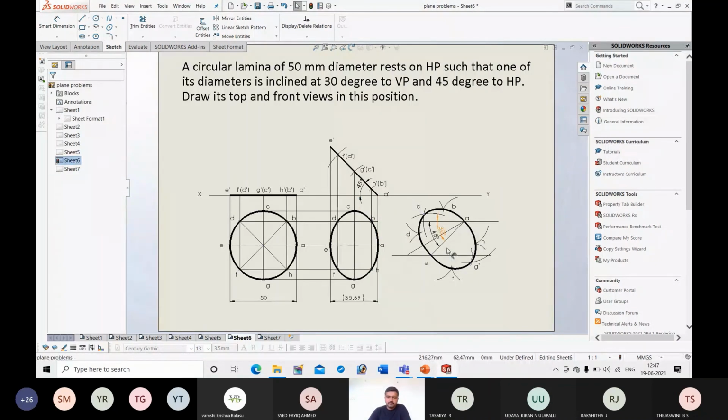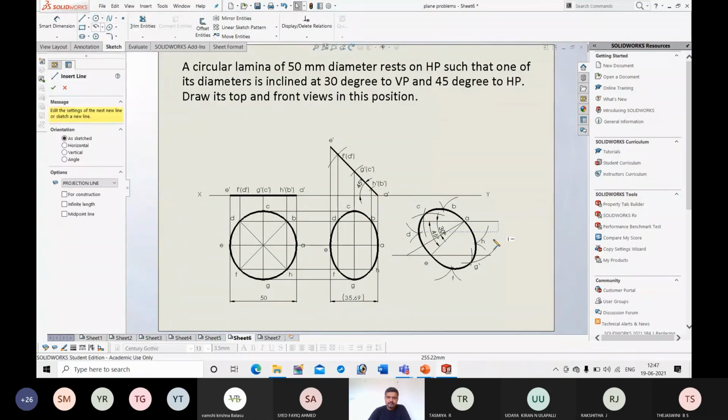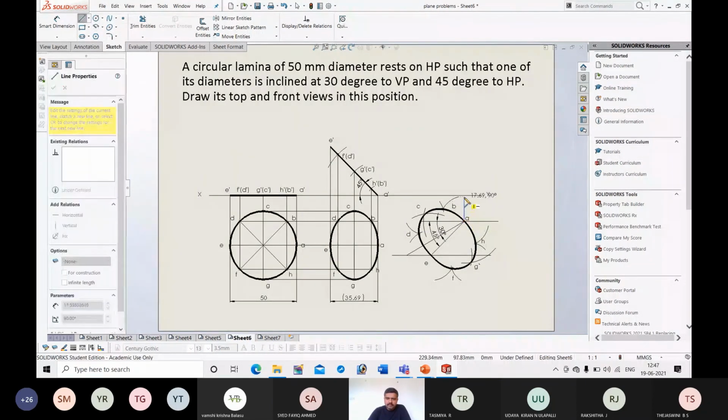After this, I will project the points and get the final view. A is on XY, so till here.